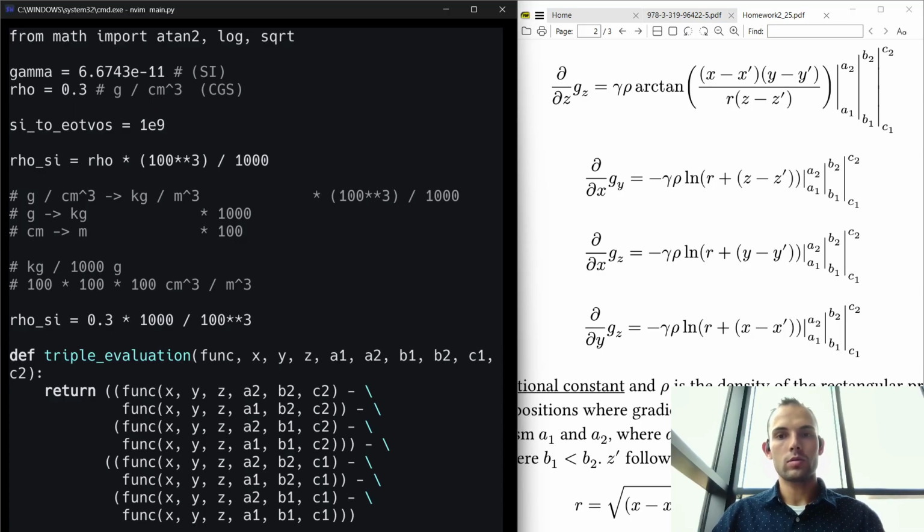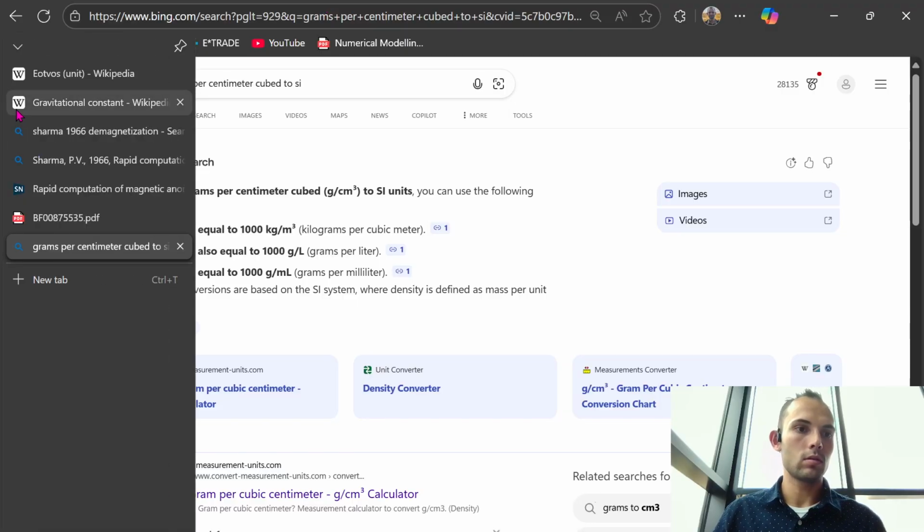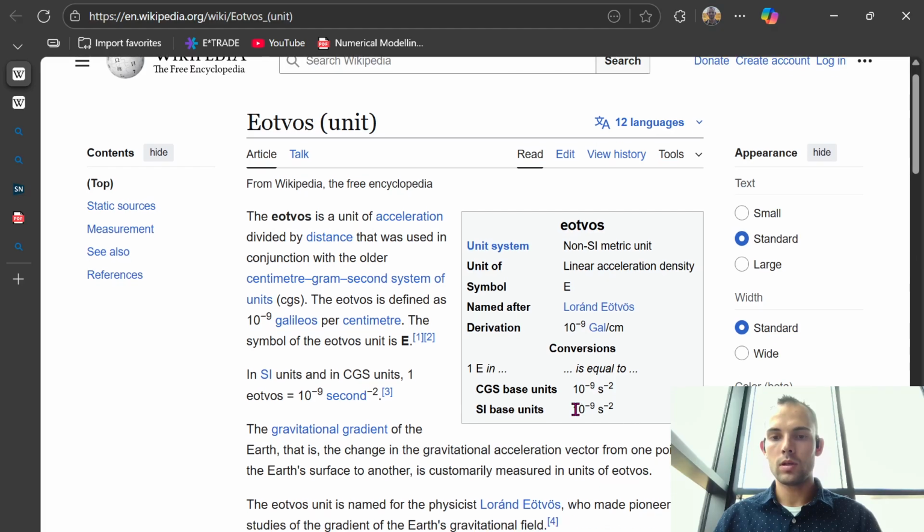I think the number's like that. Let's go back to Google. CGS, SI base units. Times 10 to the negative 9.